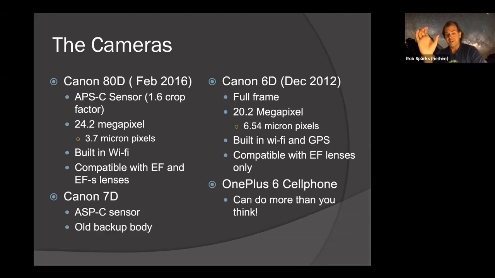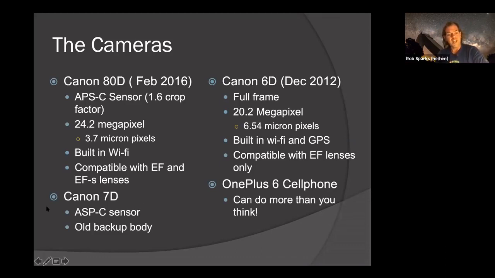So a 100 millimeter lens on the Canon 6D will produce 100 millimeters, but put that lens on the Canon 80D and it'll produce 160 millimeters, the same lens as 160 millimeters on the 6D. So you basically get some bonus magnification by using a crop sensor, which has advantages and disadvantages, of course, because you also get a smaller field of view. So sometimes that's an advantage, sometimes it's a disadvantage, depending on what you're trying to do.